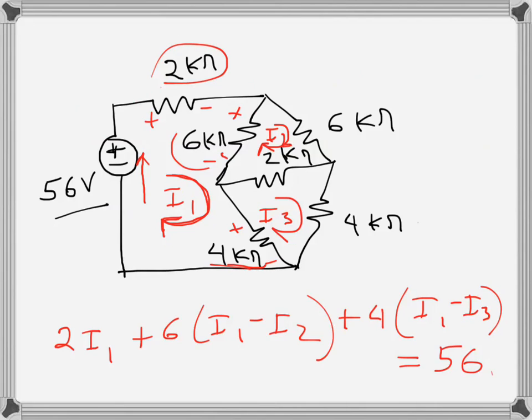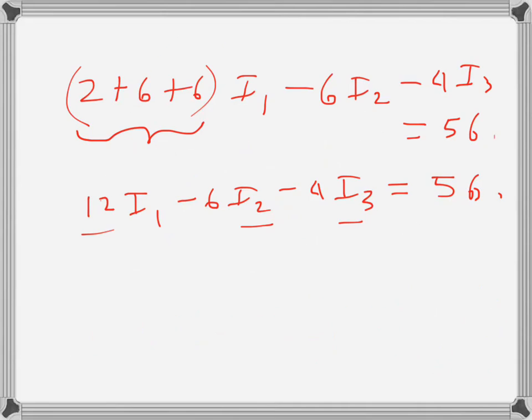Similarly, the common resistance between mesh 3 and mesh 1 is 4. So the mesh 3 current is coming as a negative current, with the coefficient being 4. So by observing, we can directly write the mesh equations for each of the meshes.